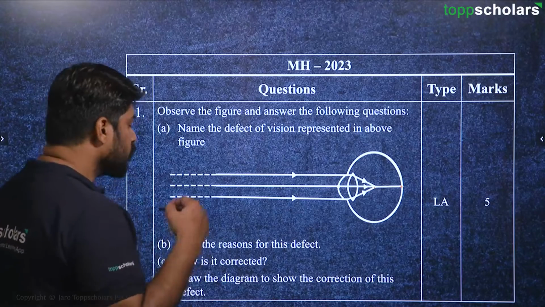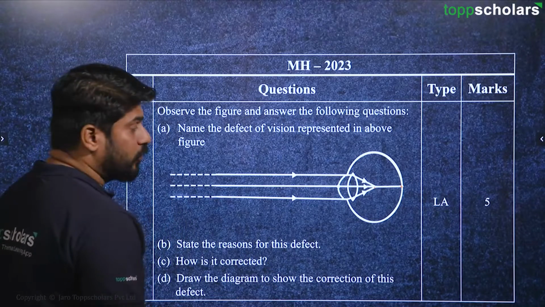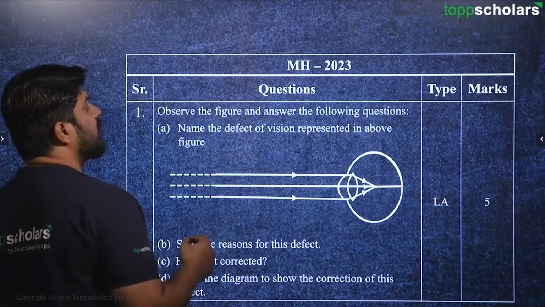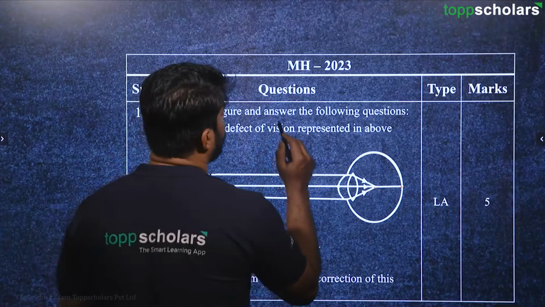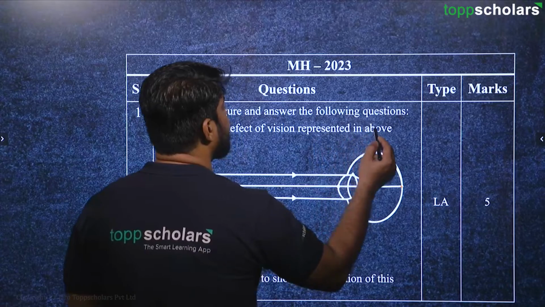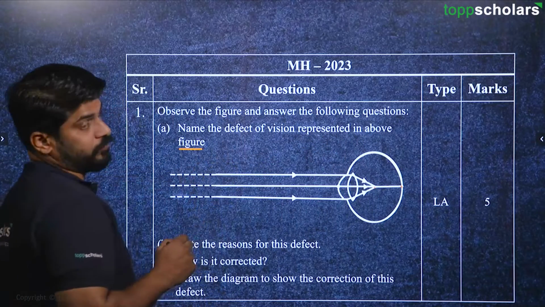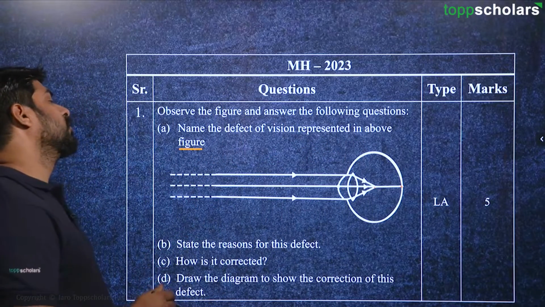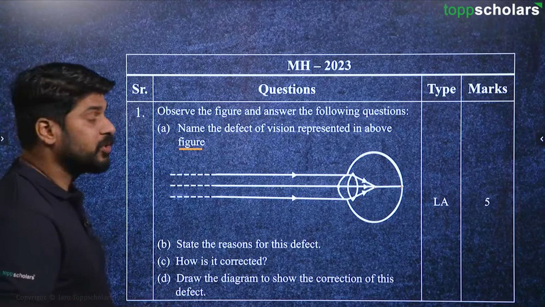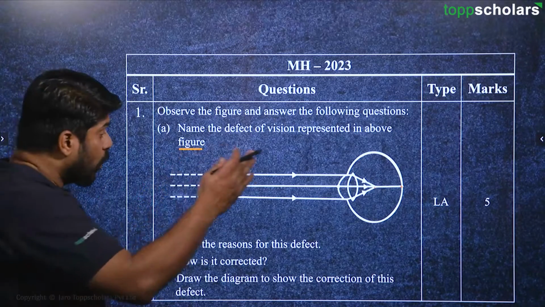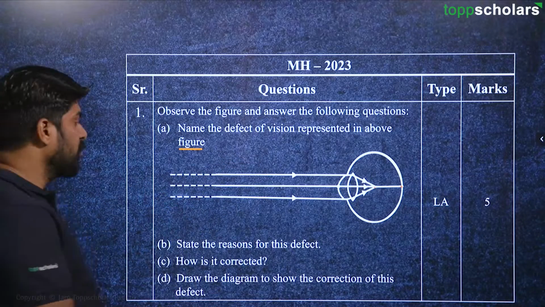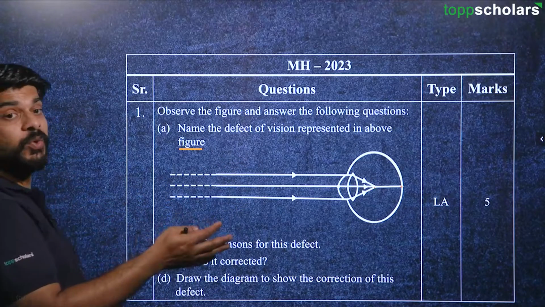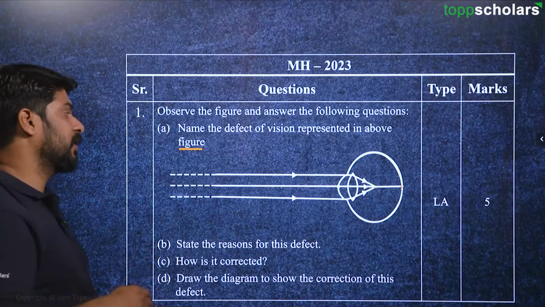Okay, so now what we have to do, right? There are certain questions that we have to answer. First of all, name the defect of vision represented in above figure. Okay, so here the person is not able to see the objects which are very far, right? Because all these parallel rays are coming from an object which is very far from our eyes.